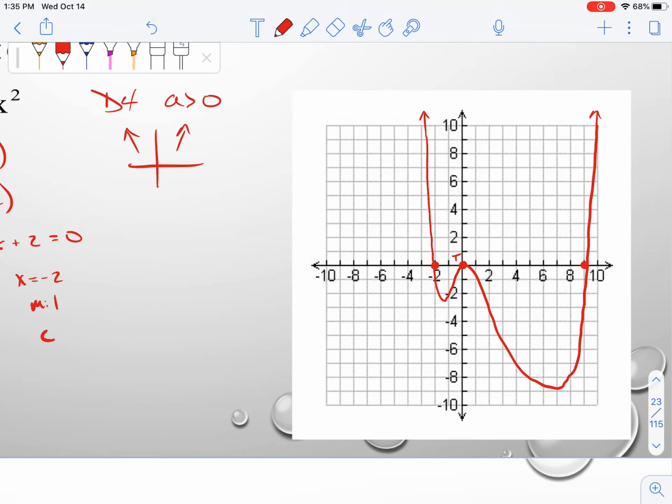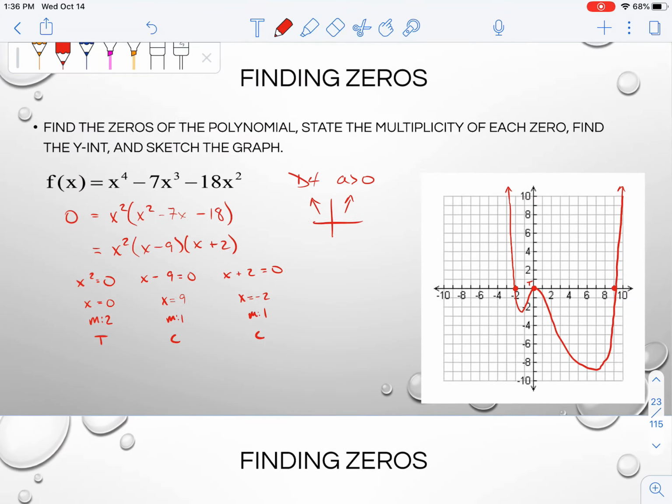I would argue that between 0 and 9 for my x values, this graph actually becomes very, very, very small. But without using the graphing calculator to come up with an XY table, I don't know that for sure. So for what we know and what we have available to us, this is an accurate representation of this graph.